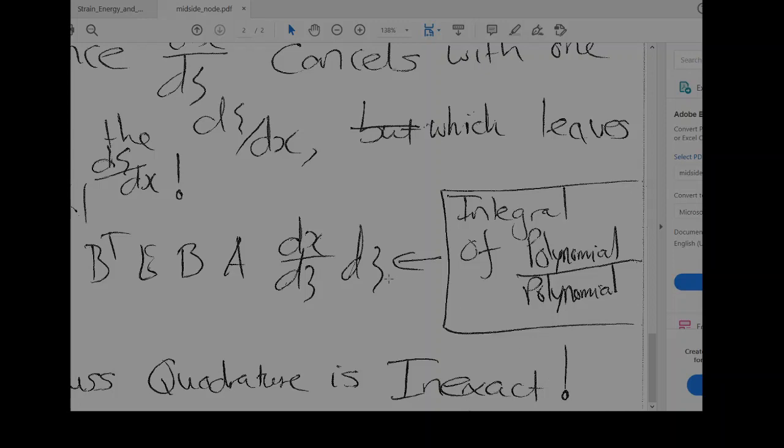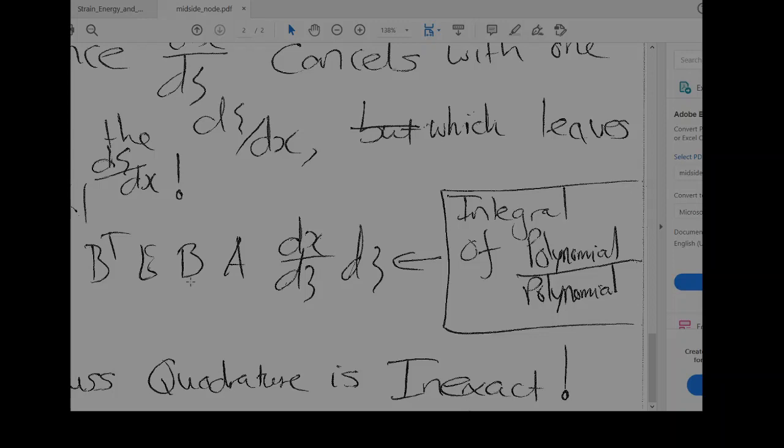So what we talk about in finite elements is, when I choose the number of Gauss points for an element that was not distorted, so if that mid-side node was in the middle, how many Gauss points would exactly integrate it? We call that full integration.